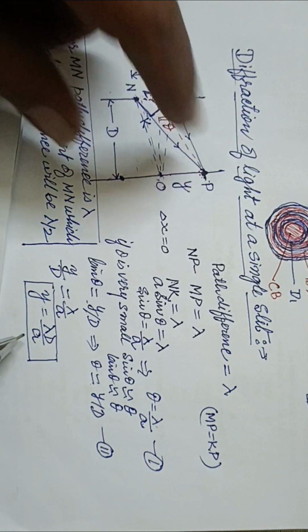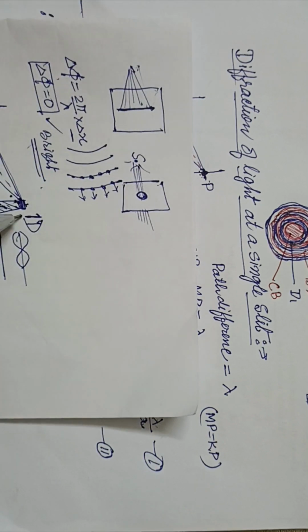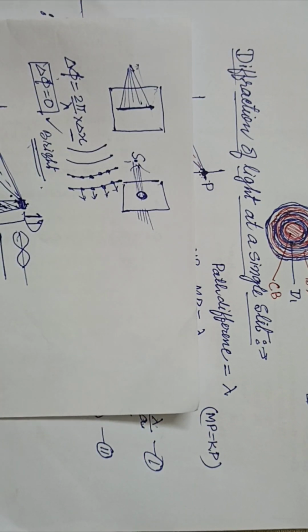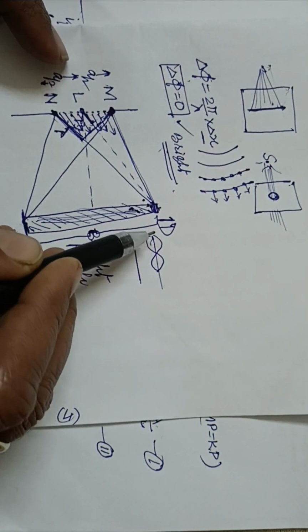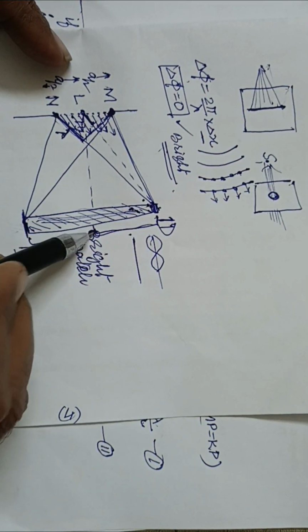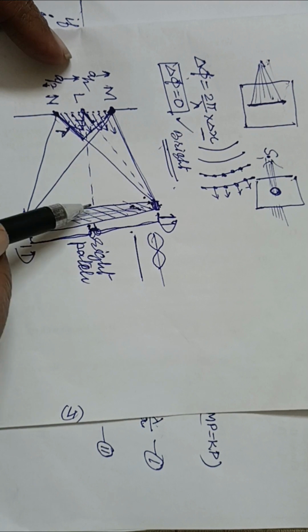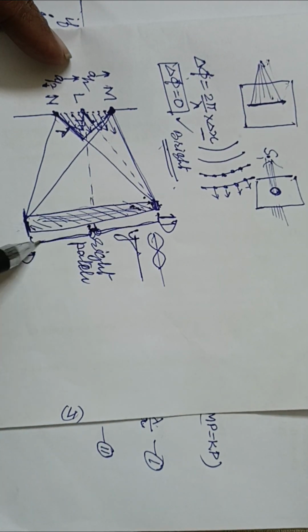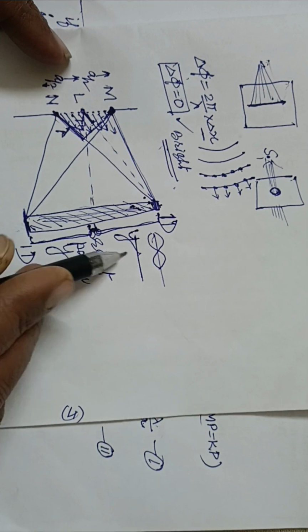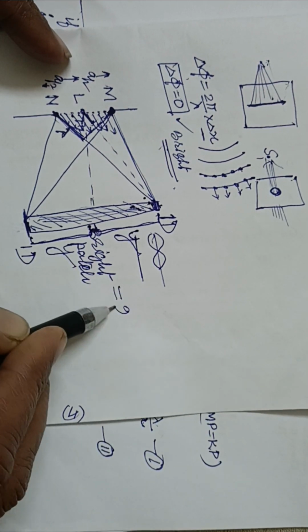So overall you are getting the bright fringe on this side and on this side, both sides of this line. This is the y, and similarly downwards, this is the y. So overall it becomes 2y.